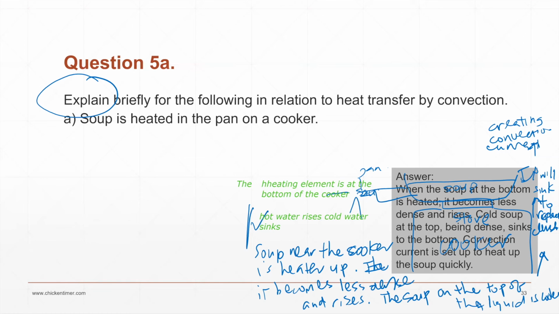So after you write that hot water and hot soup rise and colder soup sinks, you also have to say that the soup on top of the cooker is warm, then it's hotter, so it will rise.